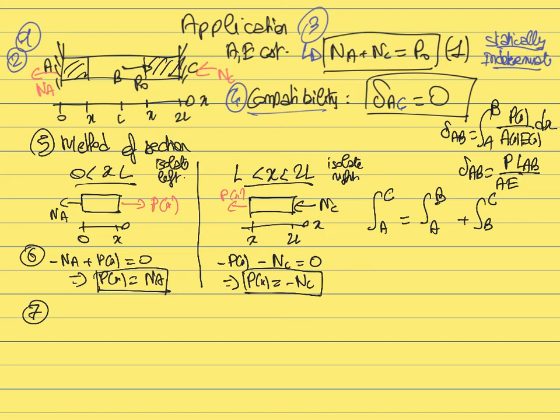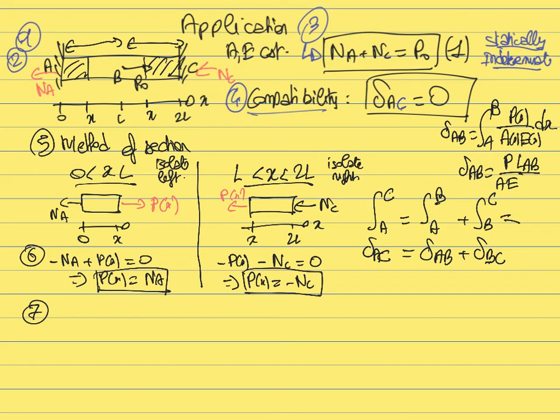So in this case, it means that the total elongation of the beam between a and c is going to be first the elongation between a and b, so the elongation of this part, plus the elongation between b and c. So again, the total elongation of the beam will be the sum of the elongation of each portion of the beam.